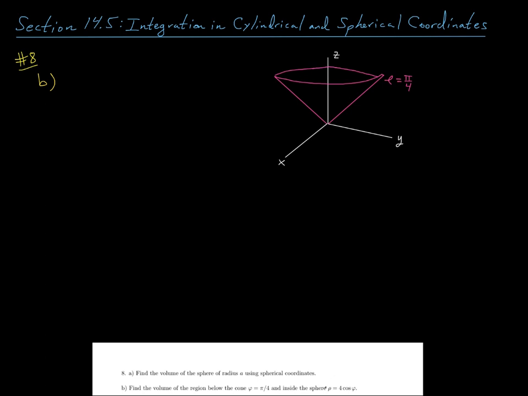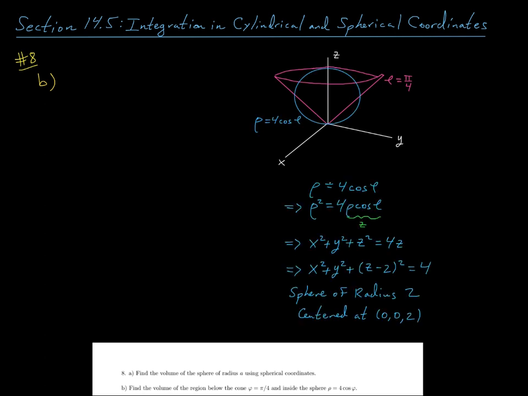Now for the sphere, I claim that this is a sphere of radius 2 with center at the point 0, 0, 2. And to see that, start with the equation rho is 4 cosine phi and multiply both sides by rho, and that'll give you rho squared is 4 rho cos phi. Now rho cos phi is equal to z in spherical coordinates, and rho squared is x squared plus y squared plus z squared.